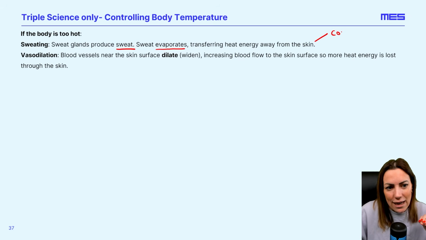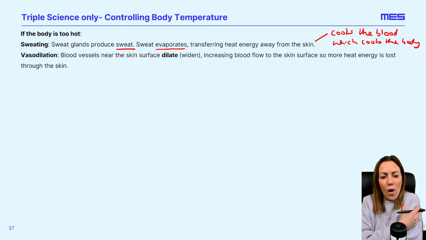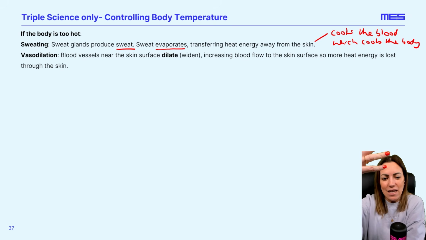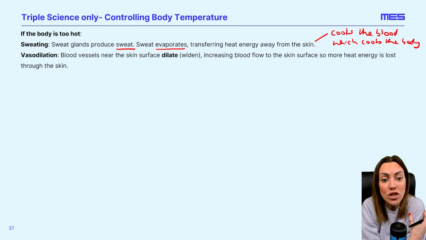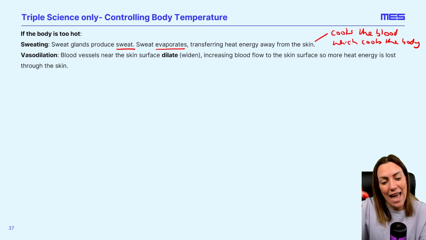So it basically cools the blood, which cools the body. Because sweat, which is mainly water, does require a lot of heat energy to get it to evaporate. And that heat energy will come from your body. It will come from the heat energy in your blood. So as it evaporates, it takes that heat energy from your blood, which will cool your blood, which will cool your body.